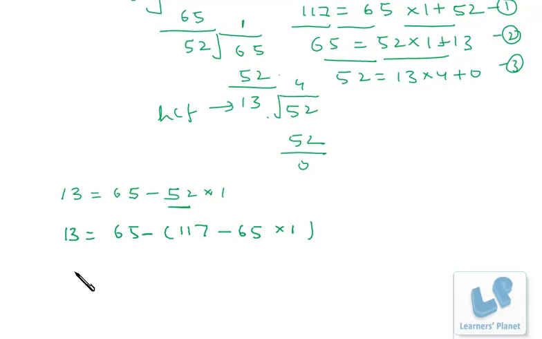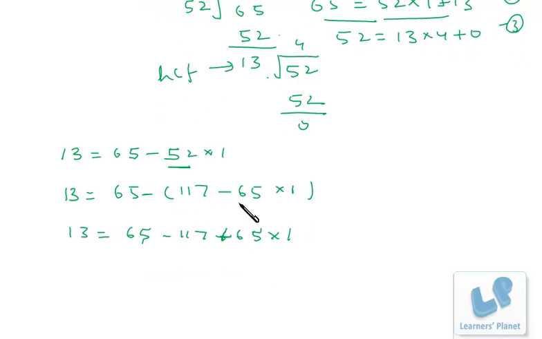So it's 13 is equal to 65 minus 117 minus 65 into 1. So that's plus 65, right? Now it is 65 plus 65, so it is 2 into 65 plus minus 1 into 117, right?